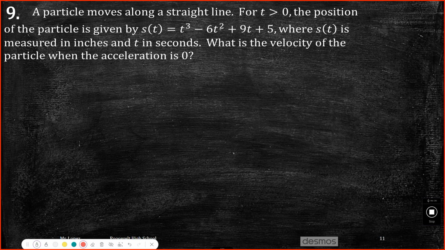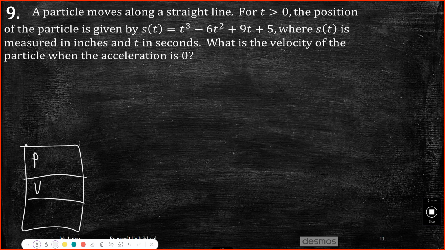Basically, on the AP exam, you've got levels here. So main levels, you've got position, velocity, and acceleration. And you've got to jump to different levels depending on the question. So here, what is the velocity of the particle when the acceleration is 0? You're given the position function, s of t.